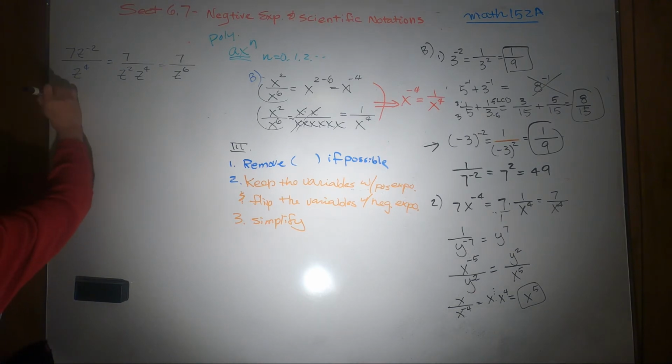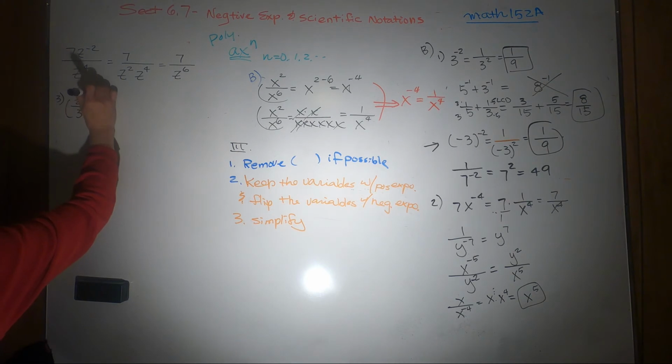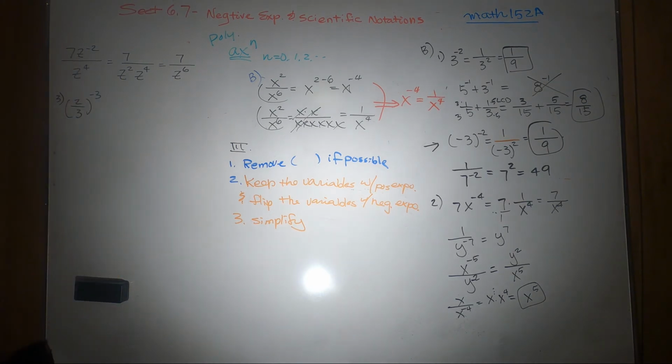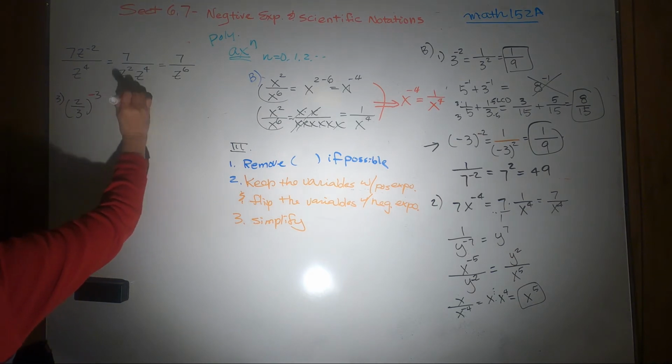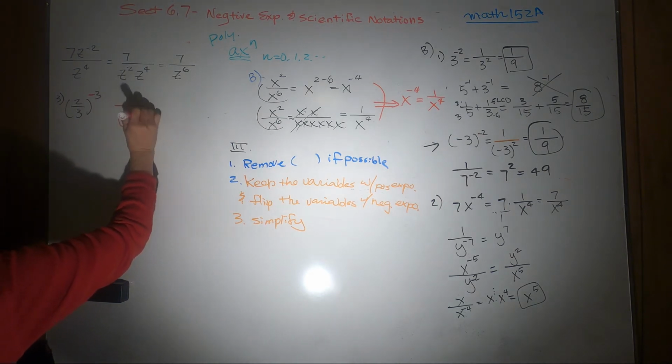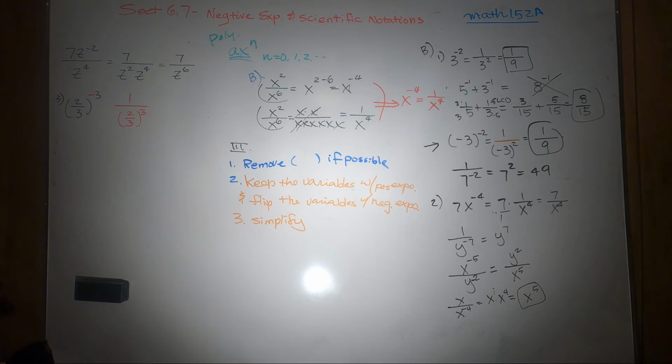Okay. Another thing is you can look at this 2/3 to the -3. You have several ways of doing it, but one of the simplest ways is this way. But the inside is a fraction. Instead, we could do 1 over 2/3 to the 3rd power, but it gets complicated, right?